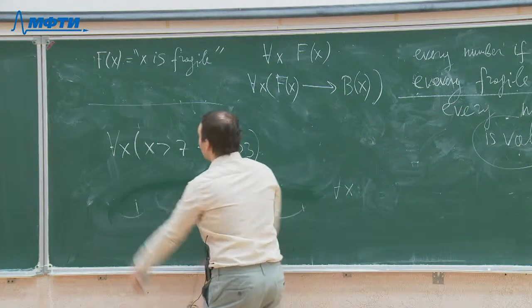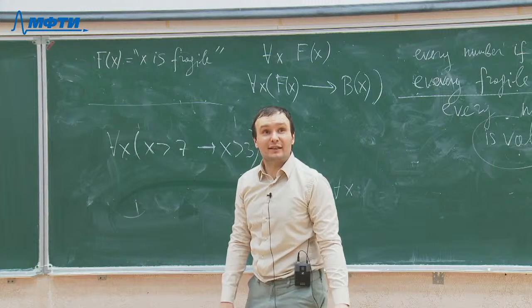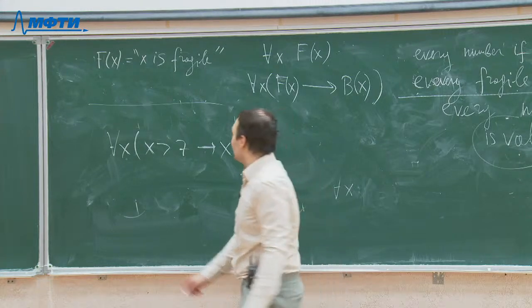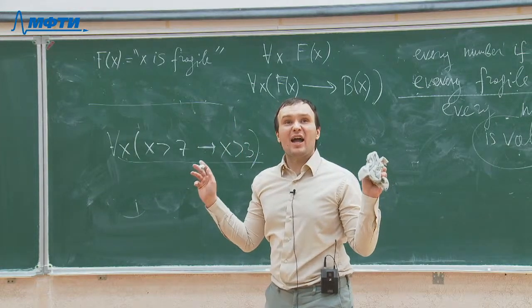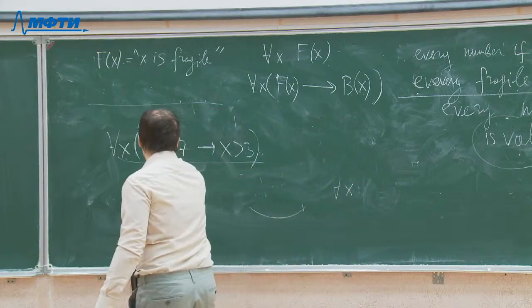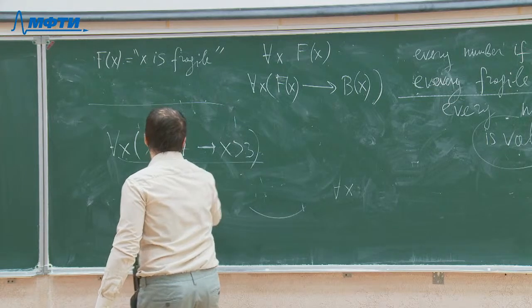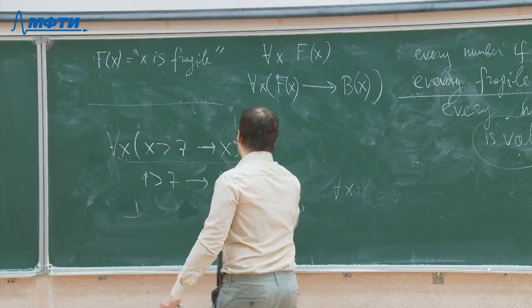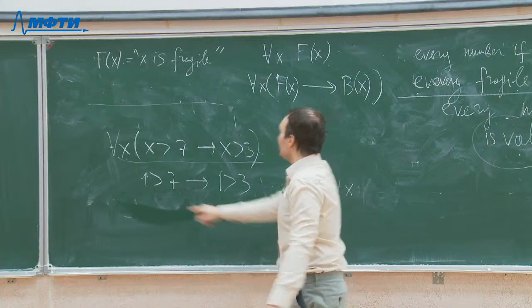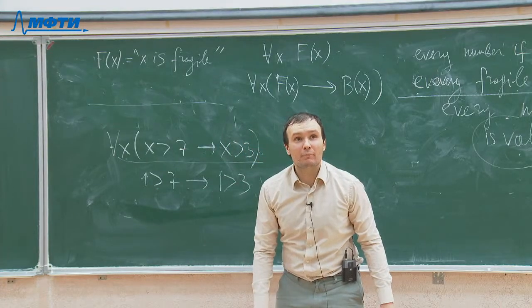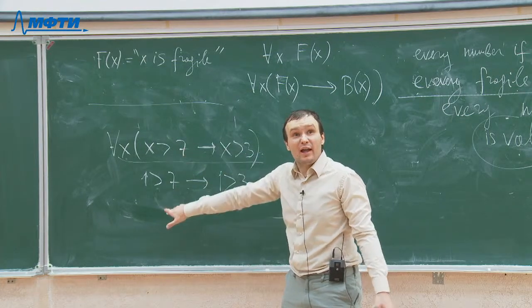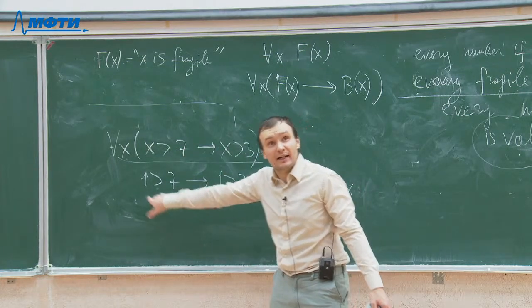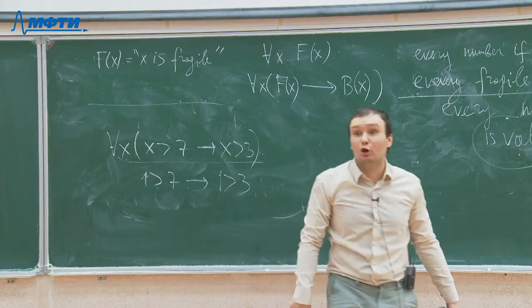If you substitute any natural here, for example, 1, you should obtain a true implication. If 1 is greater than 7, then 1 is greater than 3. Is this implication true? How could this one be true if its instance, its particular case, is not true?